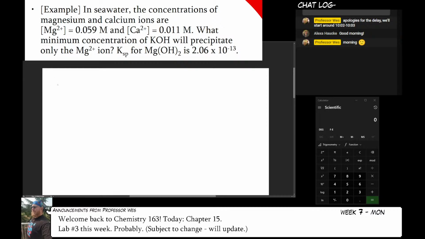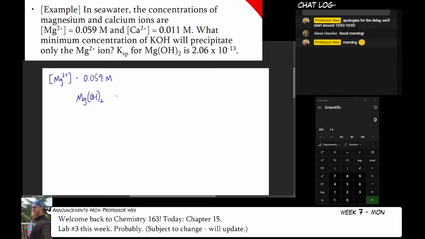All right, so I know that the magnesium concentration in my solution is this. And I also know, what compound will magnesium make when hydroxide reacts with it?